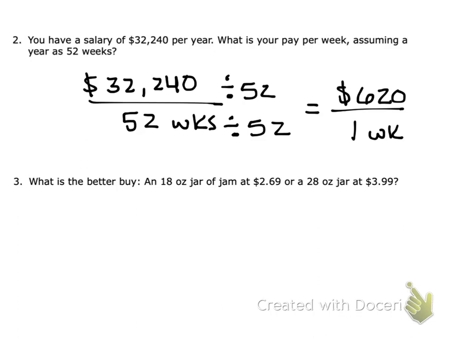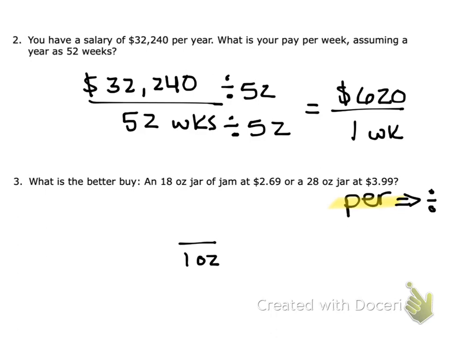Okay, so I want you to say that again. Say it out loud. Per ounce. Okay, the word per should tell us division. If we want to get to per 1 ounce, that means that our denominator is going to have to be that 1 ounce.